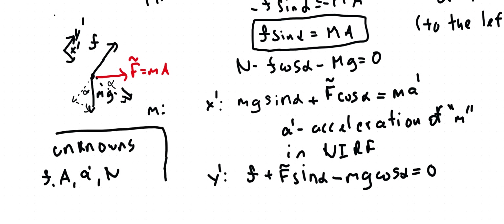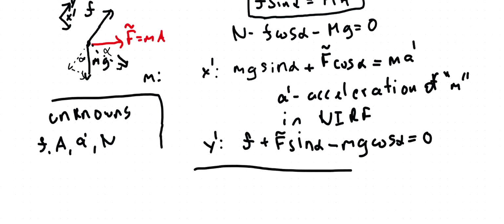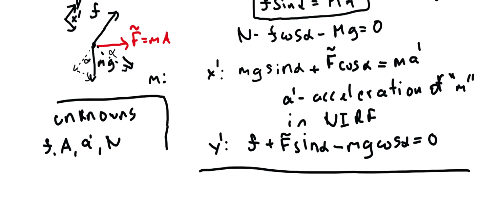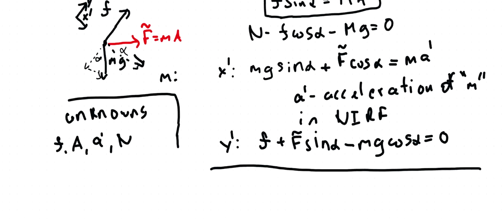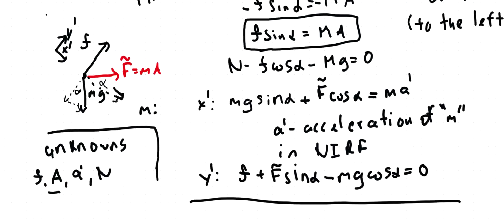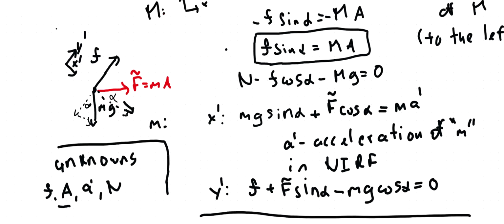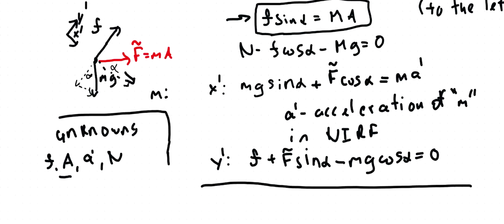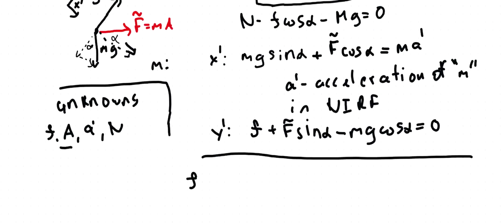What I'm going to now do is start putting the equations together to solve for the unknowns. And since one of the questions asks for A, what I'm first going to do is eliminate capital F. From this equation up here, I can say that capital F is ma divided by sine alpha.